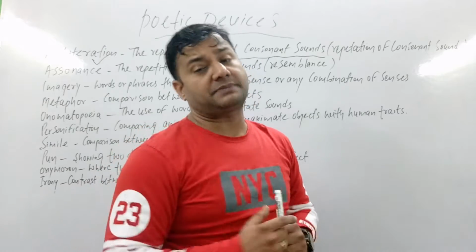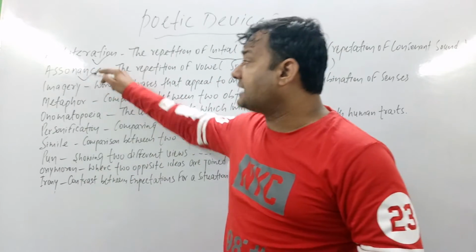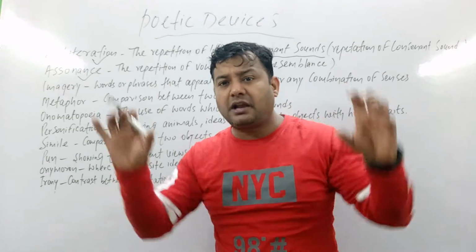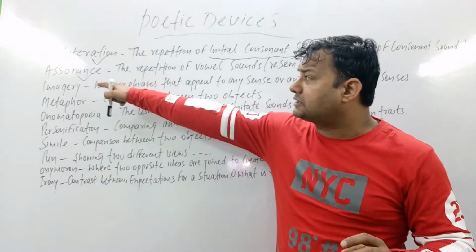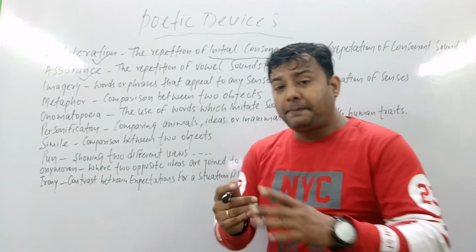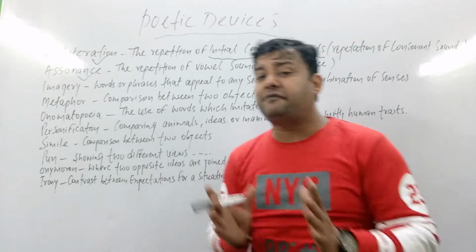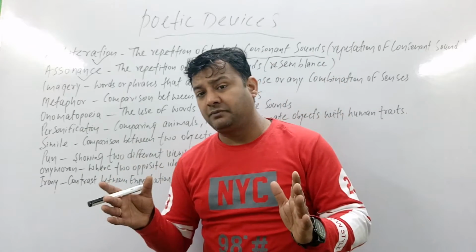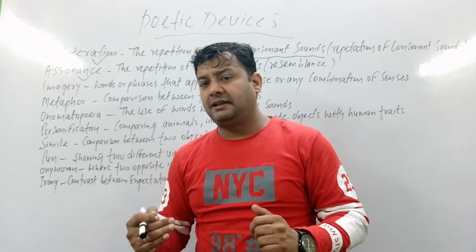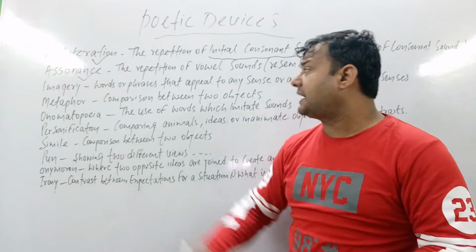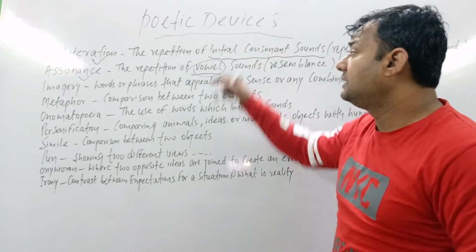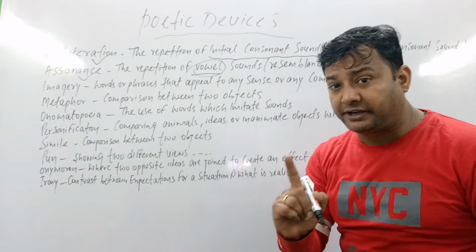Then jump up to the next part, that is assonance. Now there's a great confusion regarding the use of assonance or alliteration. People get confused: यार सर, what's the difference between the assonance and alliteration and how they both are different? क्या इसका example मिल सकता है? Definitely मिलेगा आपको. The repetition of vowel. Look at here. The repetition of vowel, not consonant.